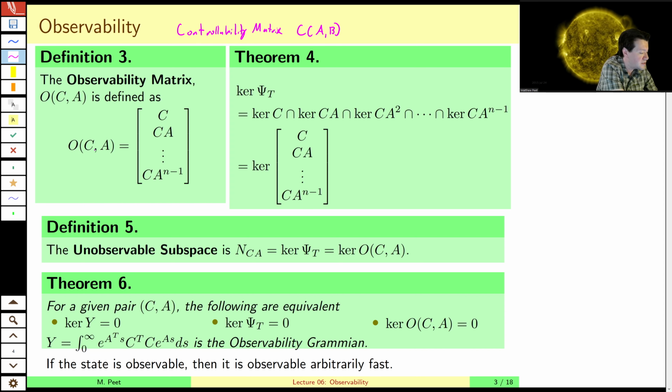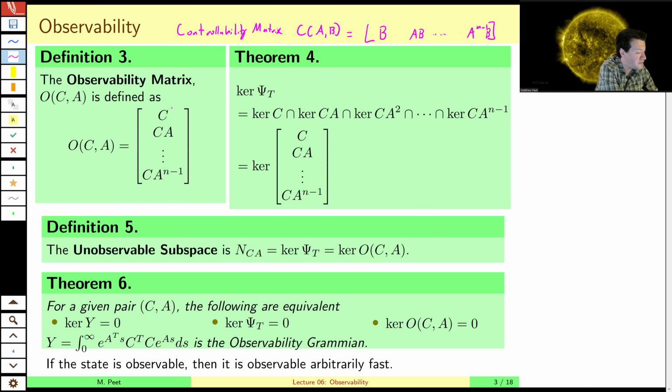C, here it's C, A and here it's A, B. So the controllability matrix, if you remember, was B, BA, all the way out to BA to the n minus 1. Right, so that was the controllability matrix. This is similar. Oh, sorry, I got these backwards. On the other side. So this is similar to the observability matrix.